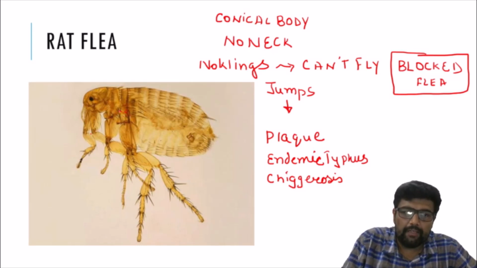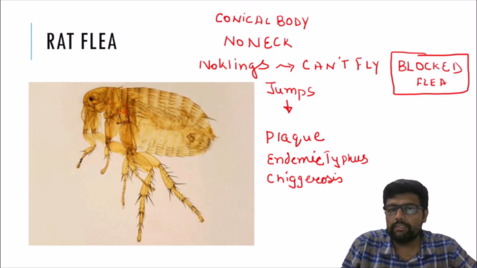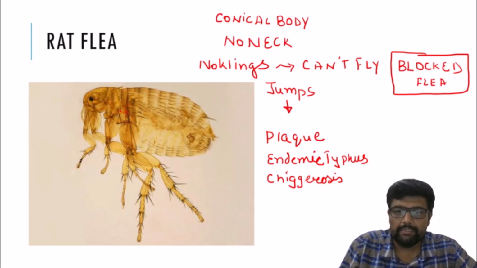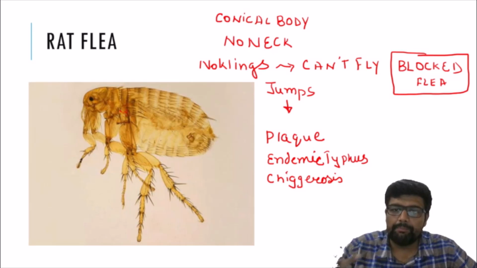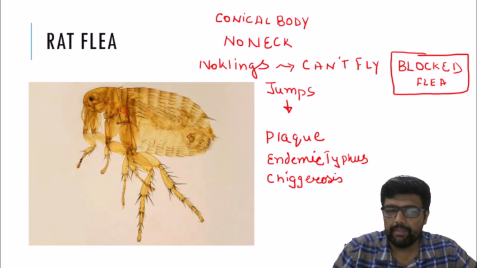Now they cannot ingest the food. They bite, they suck, but they cannot take the food inside. Because of this, they become hungry. They try to bite again and again, and this causes multiple bitings and spread of disease to multiple people.